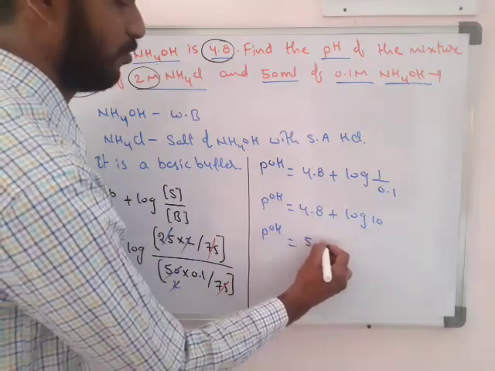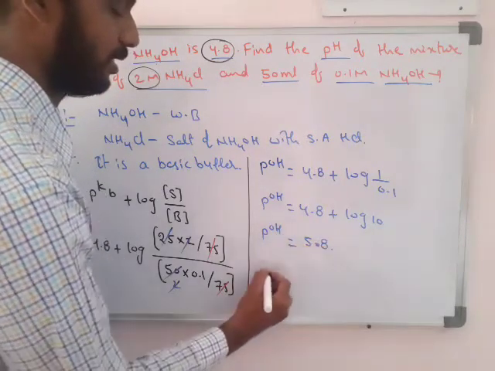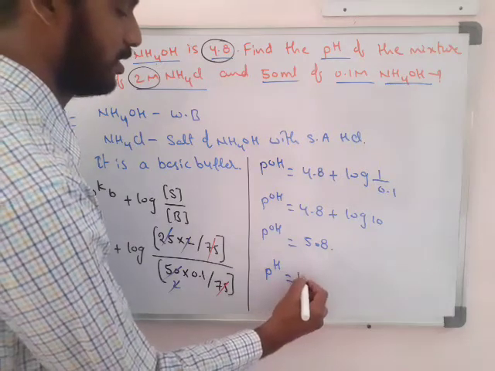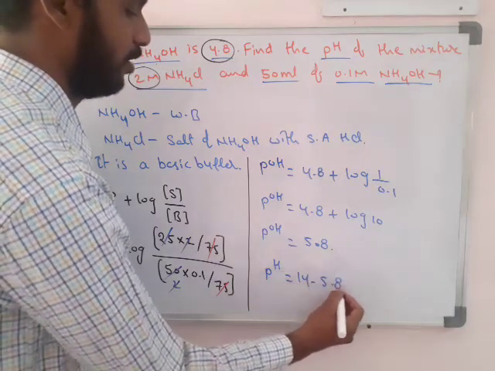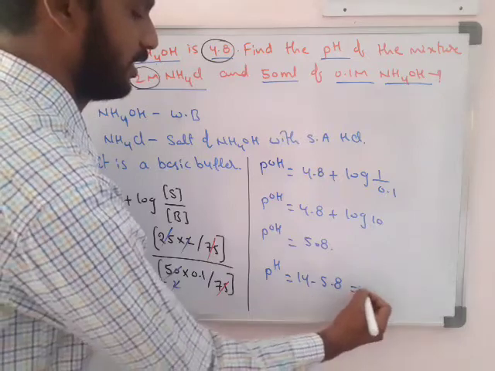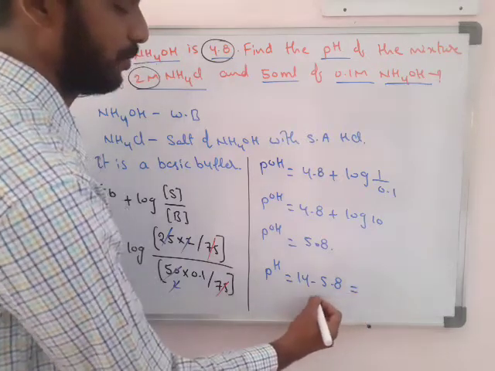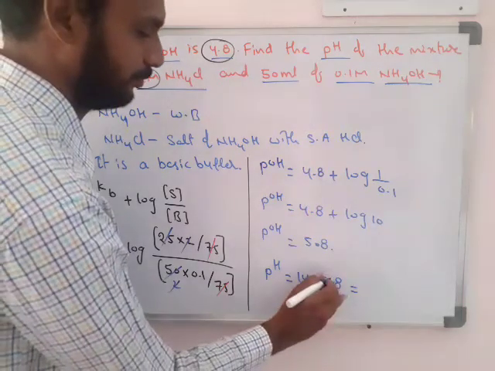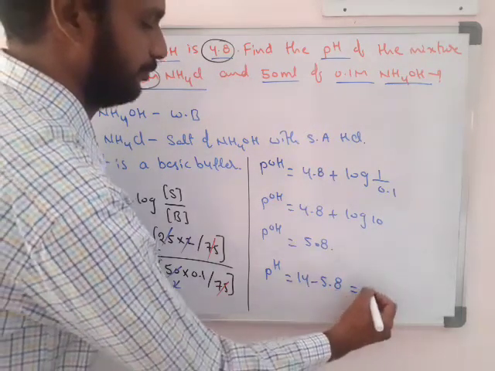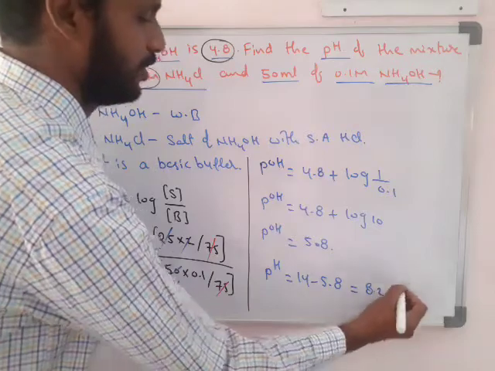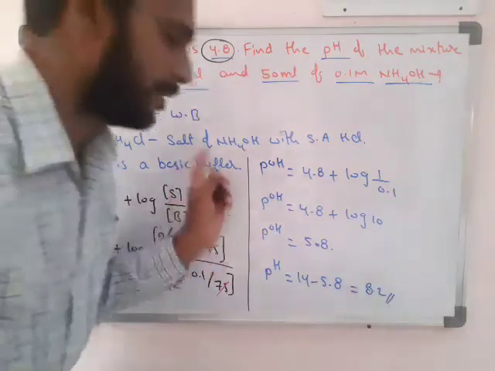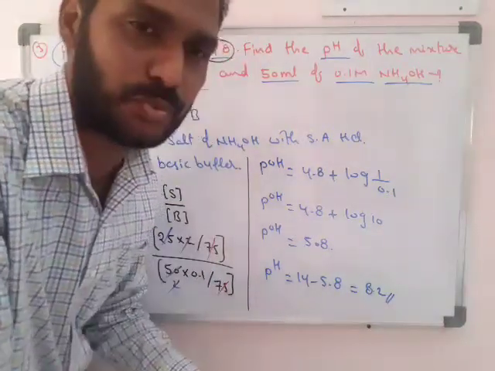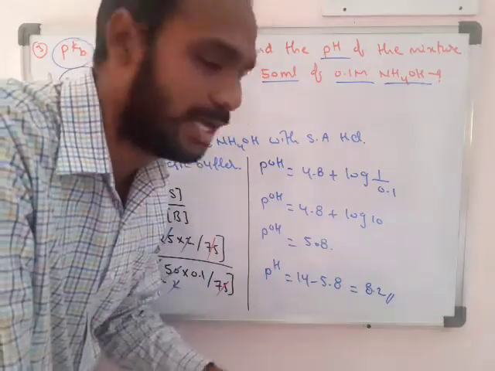So it becomes 5.8. But actually we have to calculate the pH. pH equals 14 minus 5.8. So how much do we get? It becomes 8.2 something. Okay. So the pH of that basic buffer solution is 8.2, or I think in the options it is given as 8.